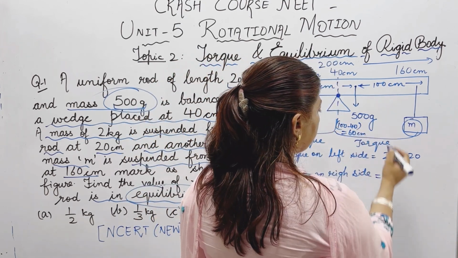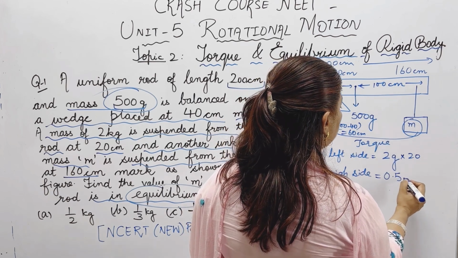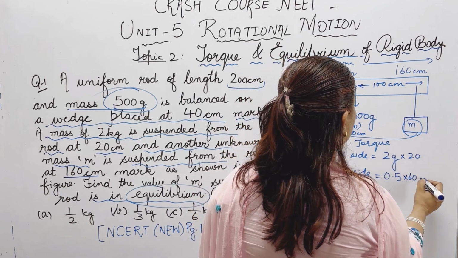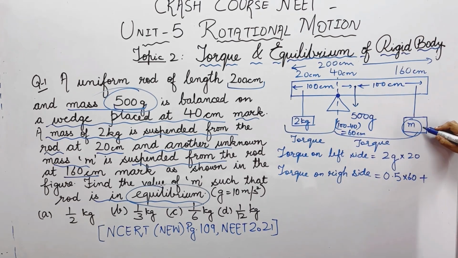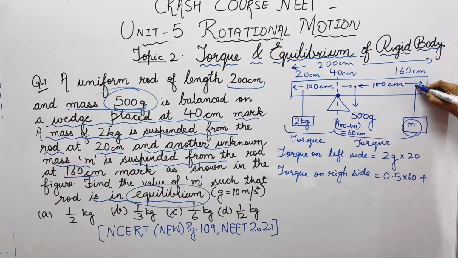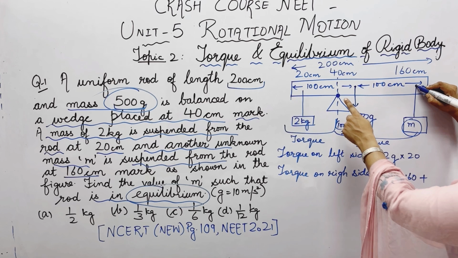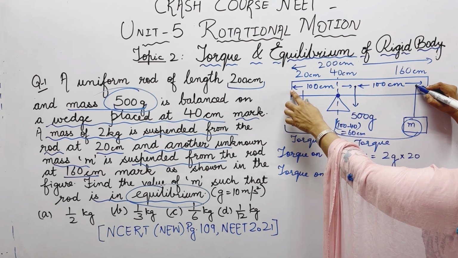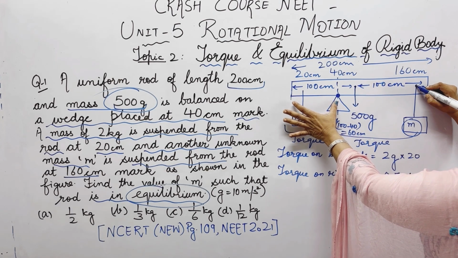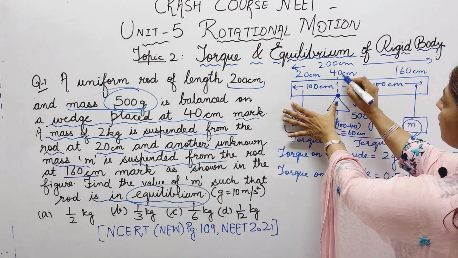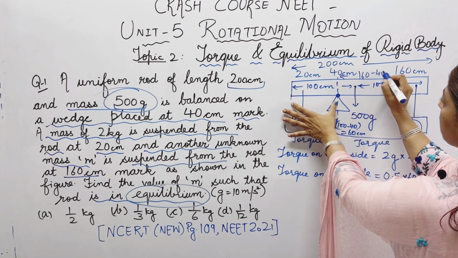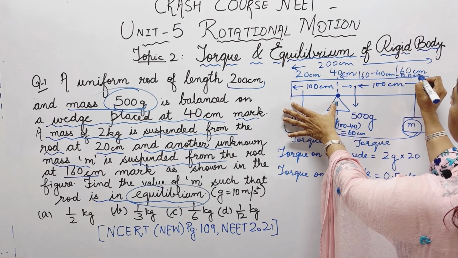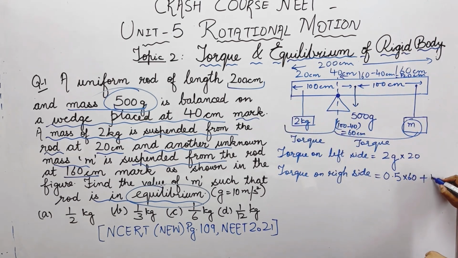We will convert to kg, that is 0.5 into 60 plus. Now this mass is lying at 160 centimeter and its distance from this point will be given by 160, out of which we subtract this 40. So this distance will be 160 minus 40 centimeter, that is 120 centimeter. So m is hanging at 120 centimeter.